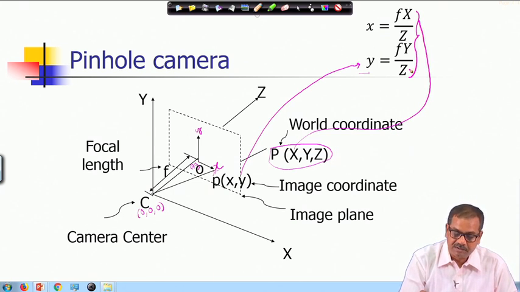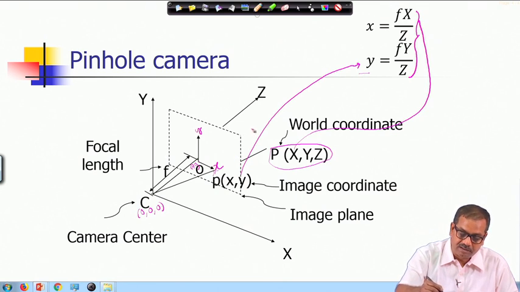You can apply the law of similar triangles because, if I consider the triangle for finding the x coordinate, this is the X from the YZ plane, and so the corresponding x value at this point, and this is a similar triangle.